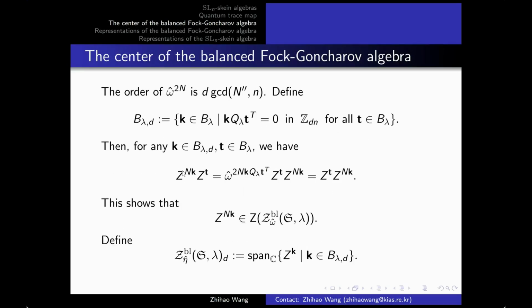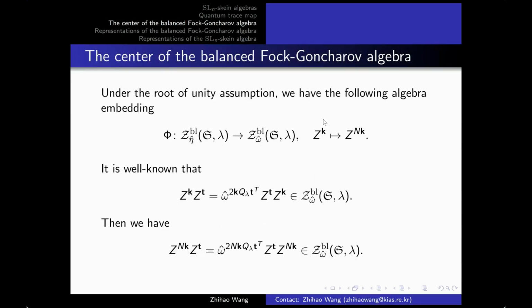We already showed that z to the power of nk is in the center, because the definition is that this map sends z to the power of k to z to the power of nk.